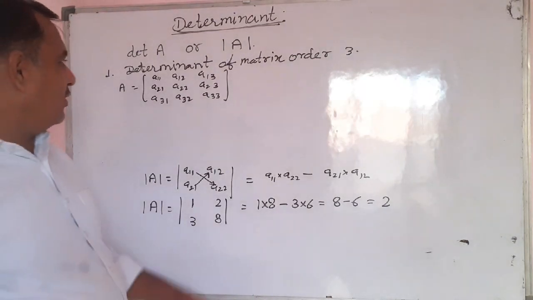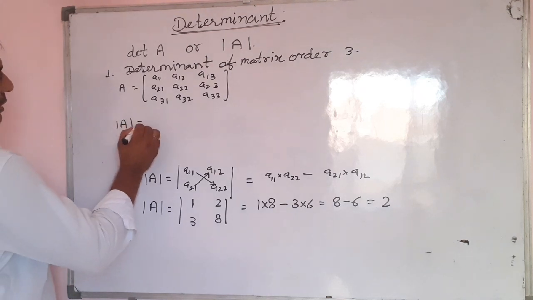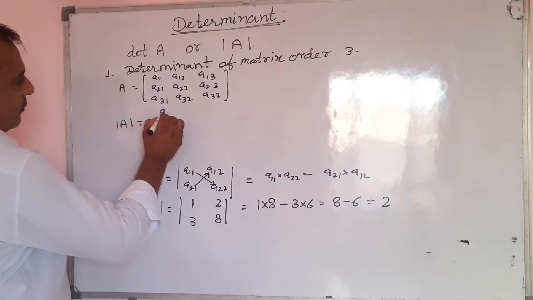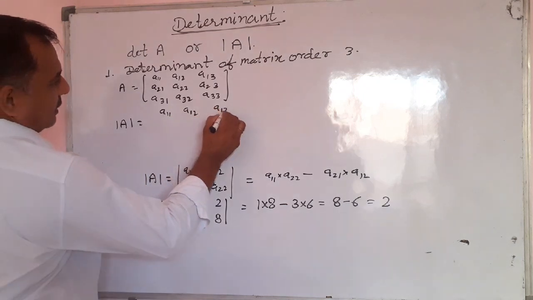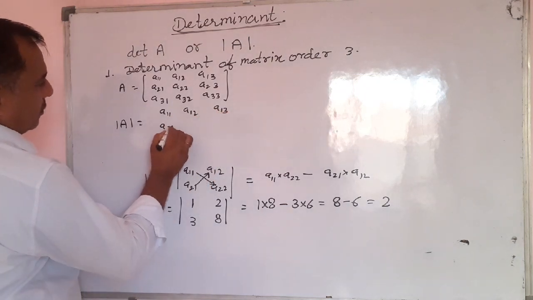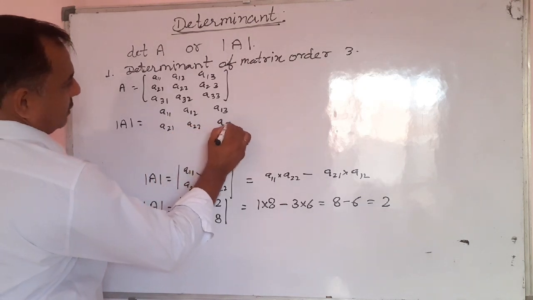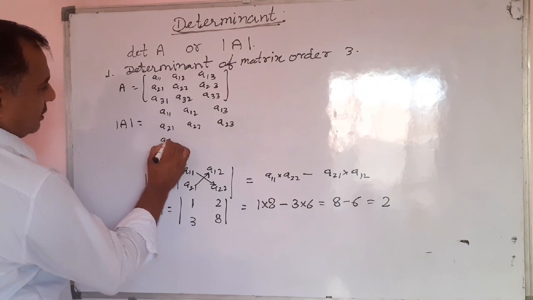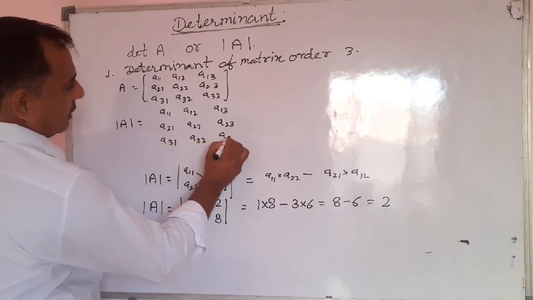Now we convert into the determinant: determinant A equals |A11 A12 A13; A21 A22 A23; A31 A32 A33|.